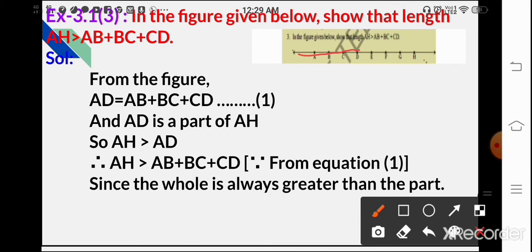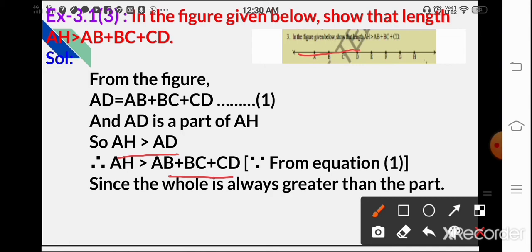Call this 1. And AD is a part of AH. So AH is greater than AD. Therefore, AH is greater than, from equation 1, in place of AD we can write AB plus BC plus CD.